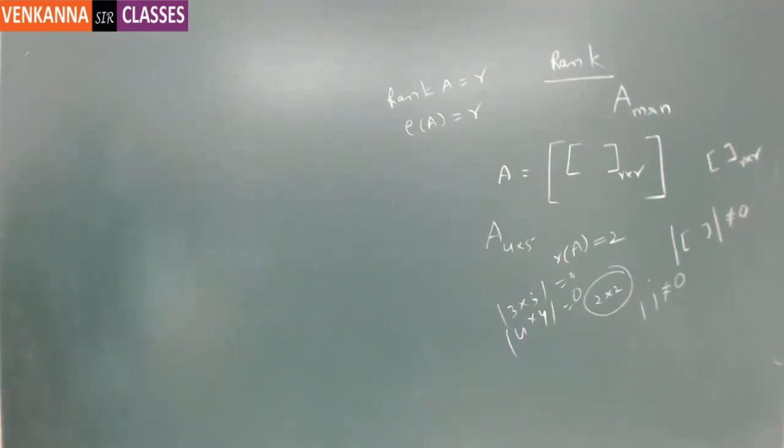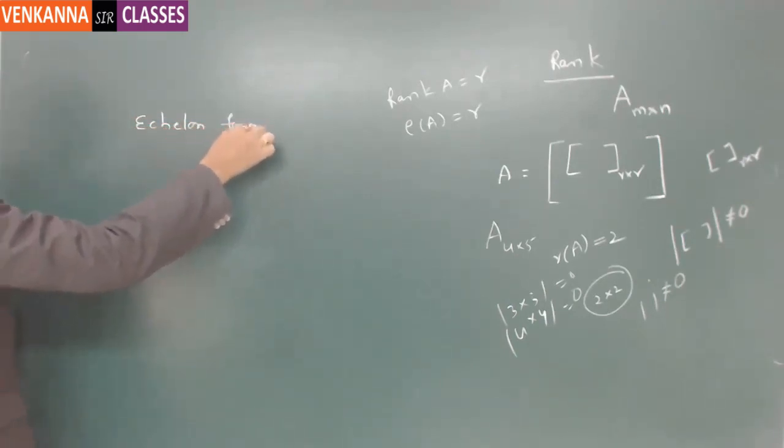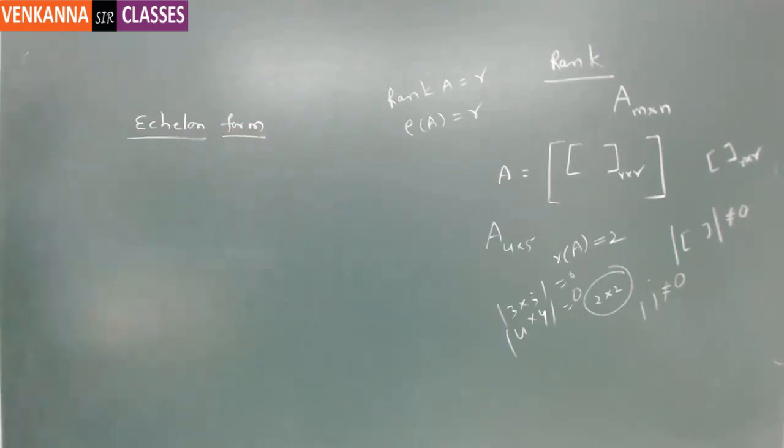Right. Now, in order to calculate the rank of a matrix, there are different procedures involved, one of which is reducing the given matrix into echelon form. So what is meant by an echelon form?